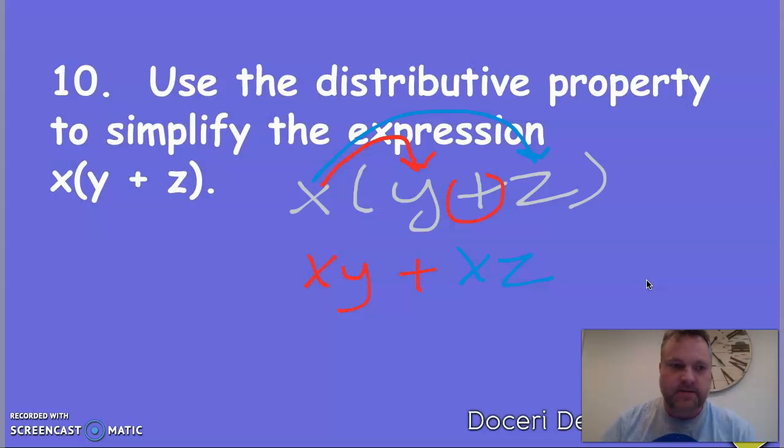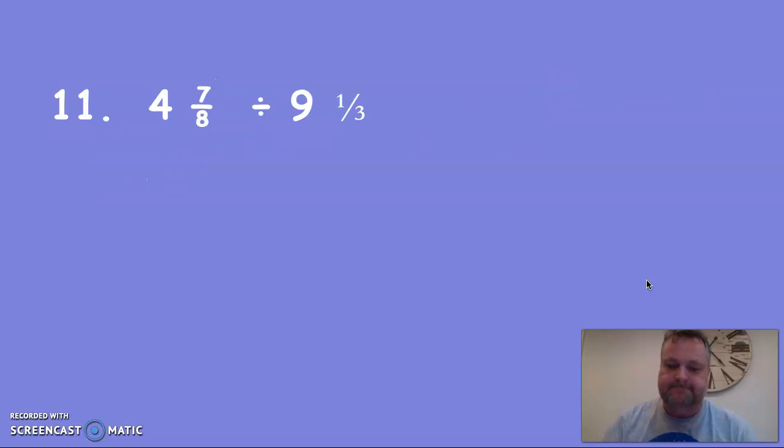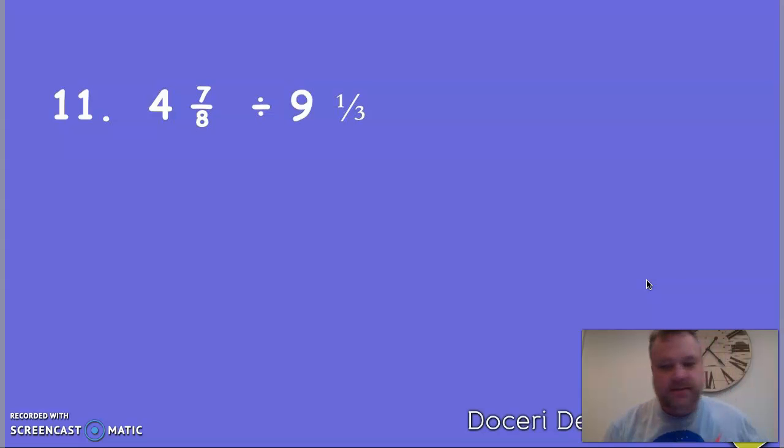Okay, let's move on to number 11. Number 11 is asking us to divide mixed numbers. So remember, we cannot divide mixed numbers. We need to change everything into a fraction first. So I'm going to rewrite the problem.